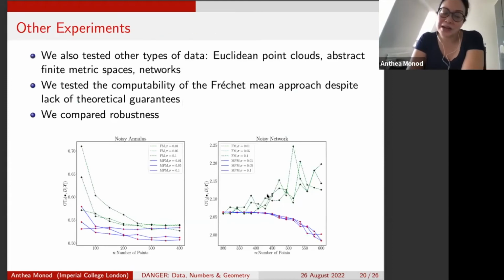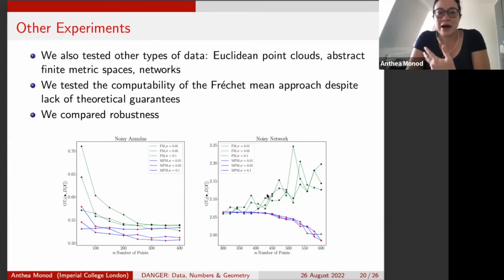We also tested other types of data, right? So we looked at this in terms of Euclidean point clouds. This is the setting that we derived all of our results on, but there are also other abstract finite metric spaces and networks, which we didn't derive any theoretical results on, but we were still thinking, okay, how does this behave if we were to do it on other types of data as well?